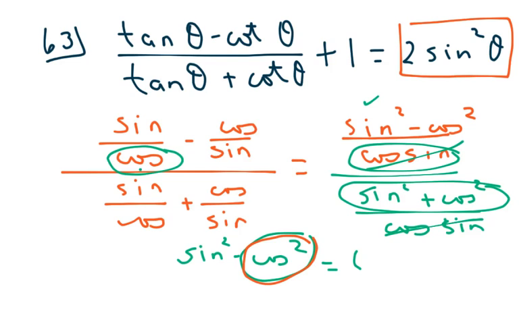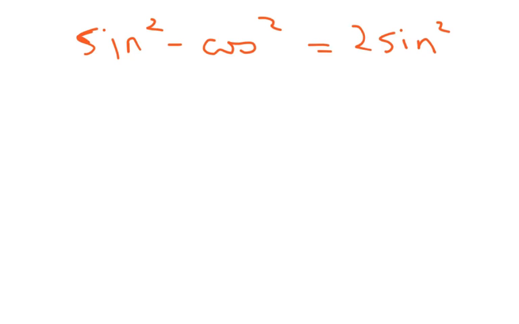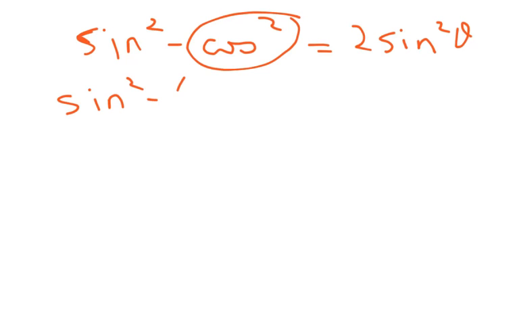I'm going to restart again. I'm going to do sine squared minus cosine squared. And I really need 2 sine squared of theta. So I'm going to rewrite this as 1 minus sine squared.